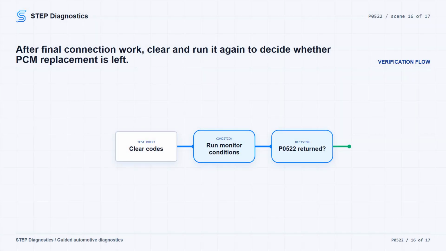Repair anything you find. Then reconnect the PCM, inline, and component connectors, making sure every connector is fully seated and locked. Clear the codes, operate or test drive the vehicle under the monitor conditions, and read codes again. If P0522 returns after all of that, replace and program the PCM, then verify the repair. If it does not return, the wiring or poor connection problem has been repaired.